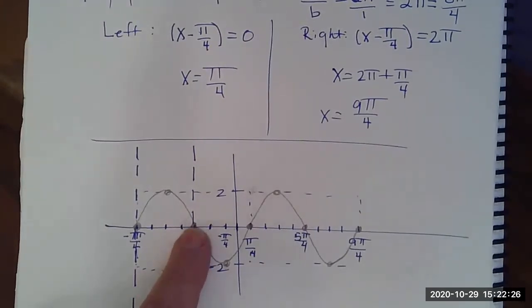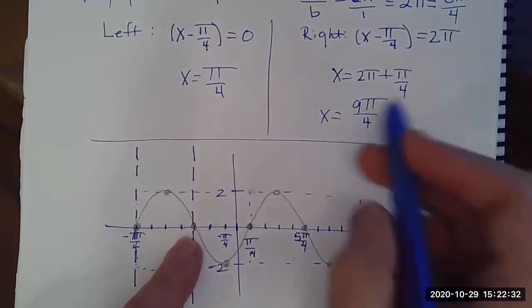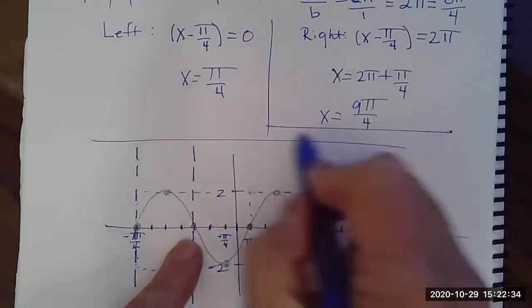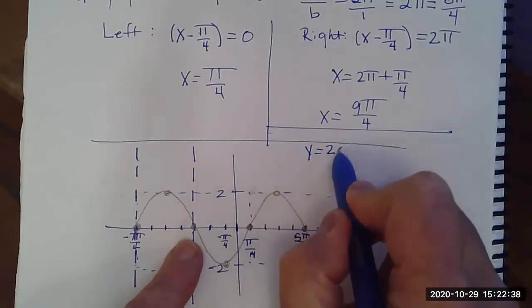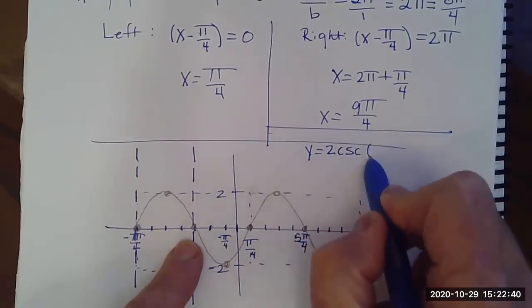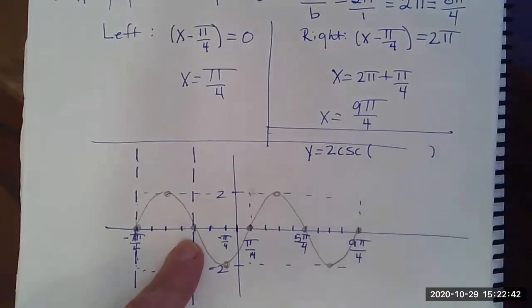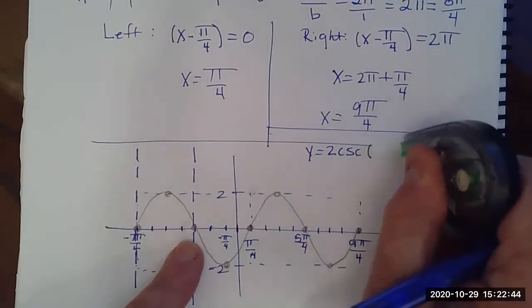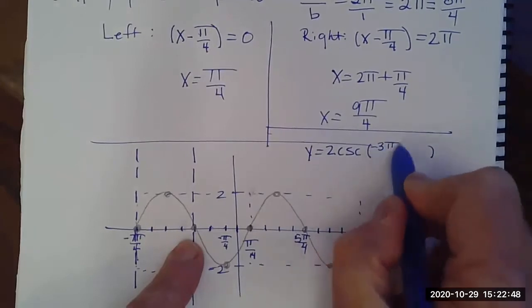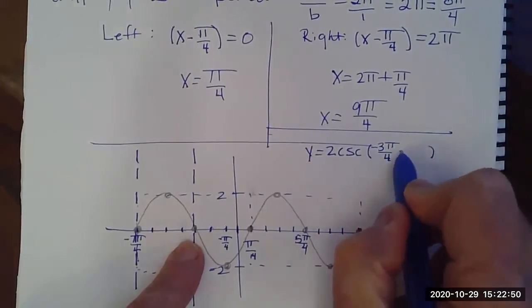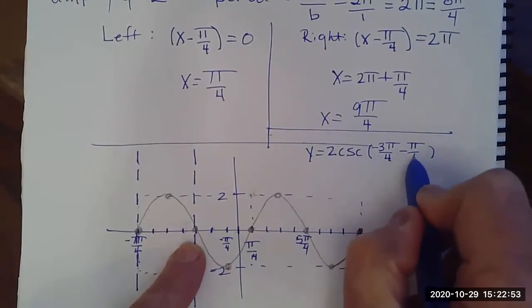So the original looks like the following: y equals 2 cosecant of negative 3 pi over 4 minus pi over 4.